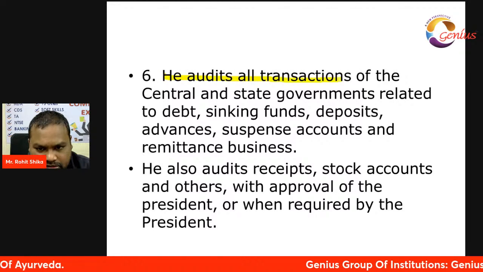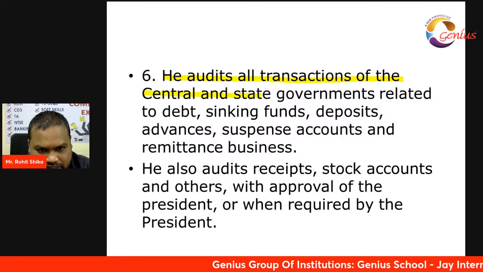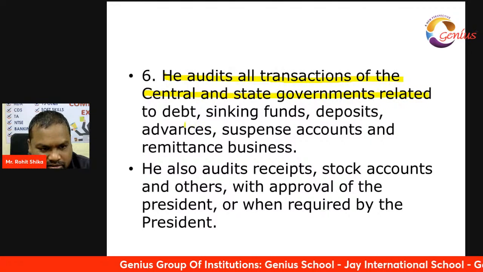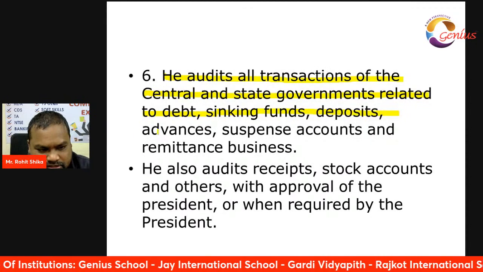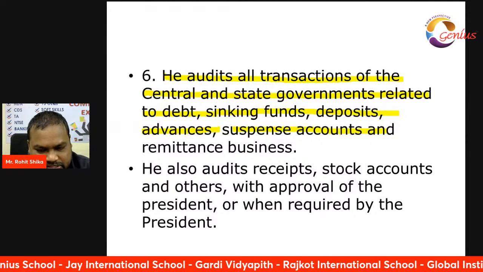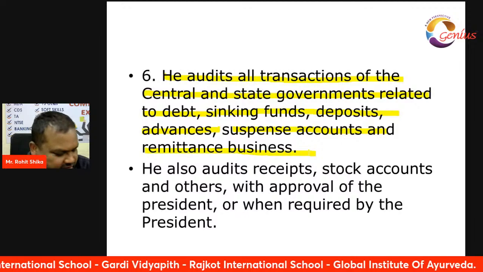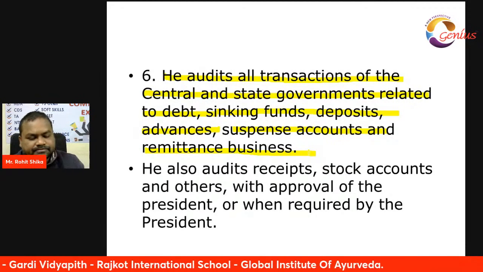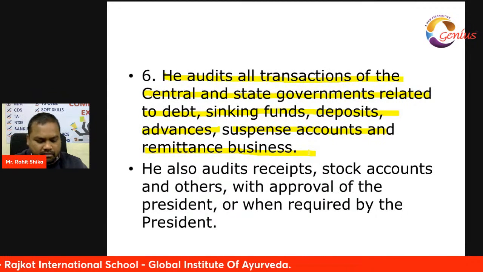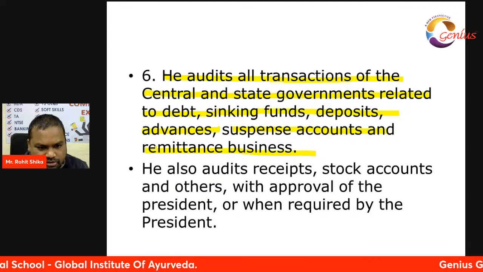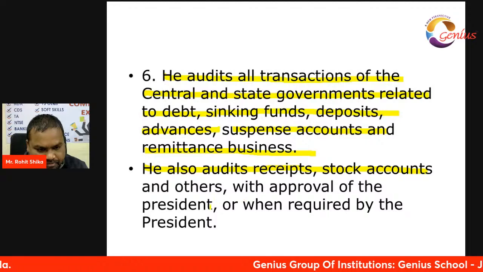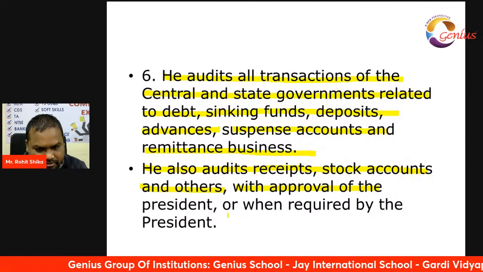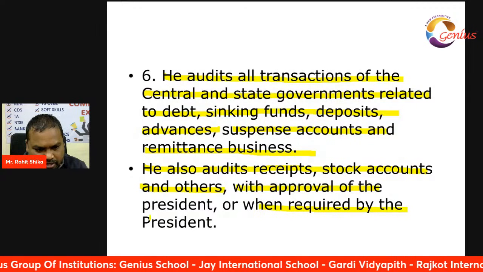He audits all transactions of the central and state government related to debt, sinking funds, deposits, advances, suspense accounts, and remittance business. He also audits receipts and stock accounts, and others with approval of the president, when required by the president.